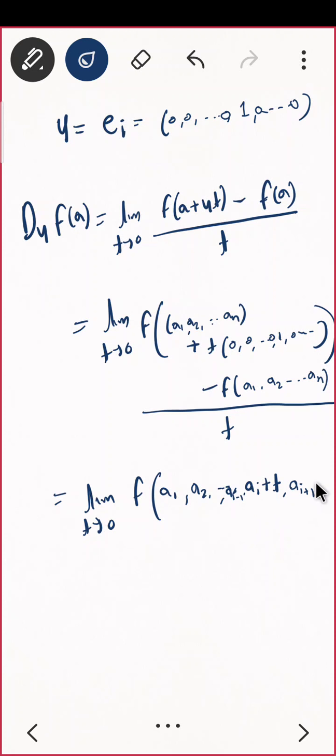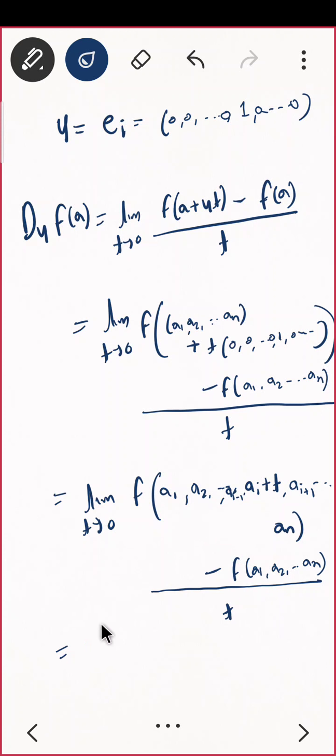And it goes on so, and the last term will be an. Yes, minus f of a1, a2, an, that is divided by t. And if you observe this, this is same as dou f by dou xi, I say at the ith position, at a.